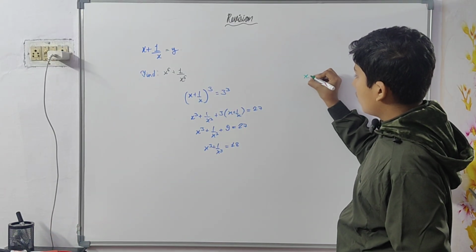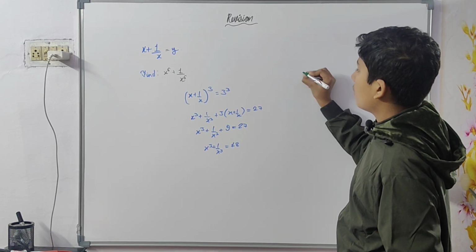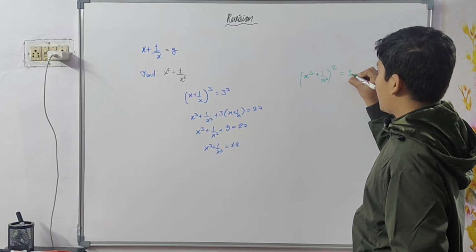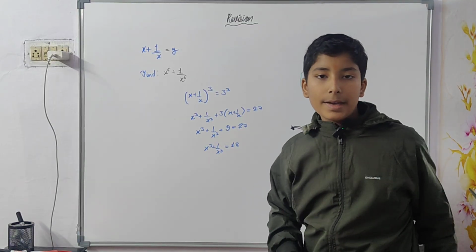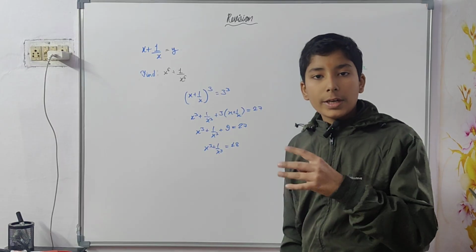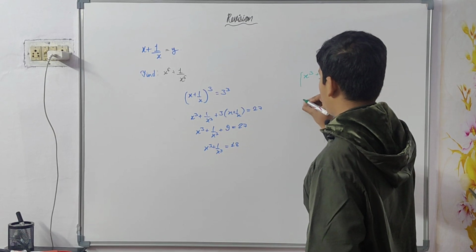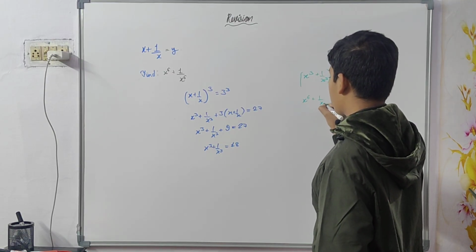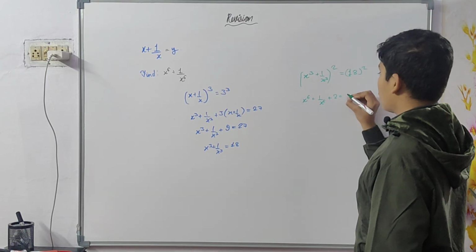Now x cube plus 1 by x cube whole square equals 18 square, because the values are the same, and if you multiply by power 2 on both sides, it will also be the same. So x^6 plus 1 upon x^6 plus 2 equals 18 square.